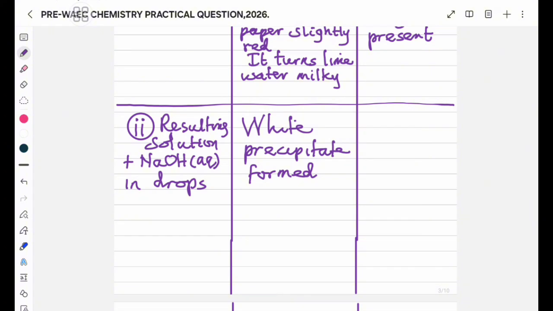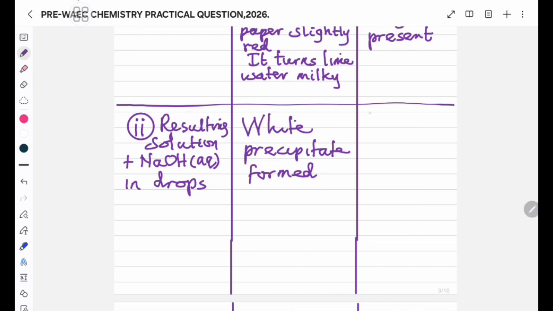Don't just write a single ion, because you don't even know what sample C contains. It is from your test that you'll be able to infer or conclude that these ions are present. But don't just write a single ion as your inference. Think of which ions give white precipitates on adding sodium hydroxide.